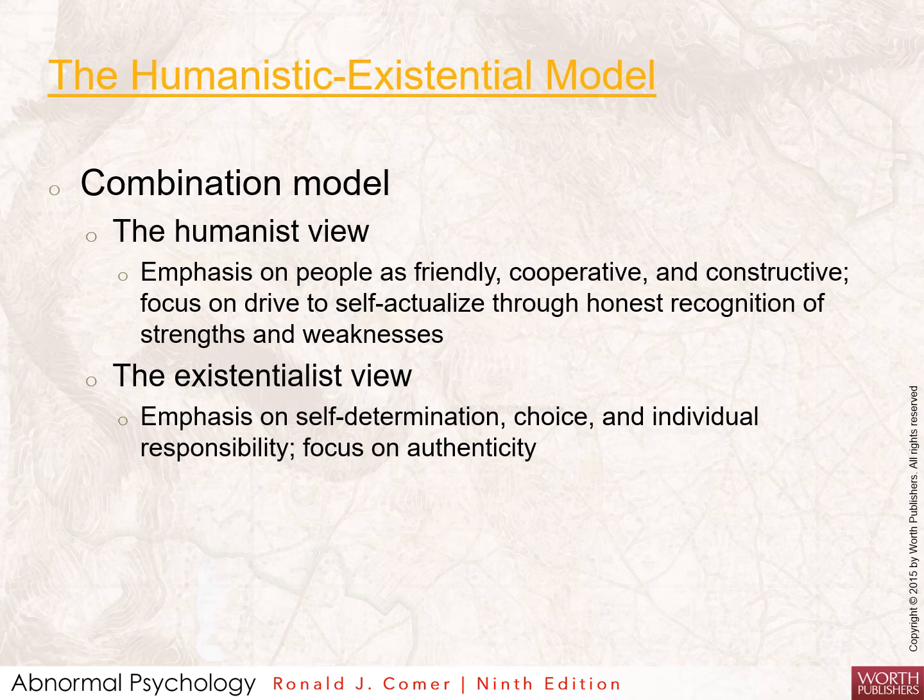Now let's move to the humanistic approach, the humanistic existential model. This is the model that was founded by Carl Rogers and Abraham Maslow. You might be familiar with Maslow's hierarchy of needs, where you have to meet your shelter needs and your food needs and your health needs before you meet, at the top, self-actualization, becoming the best you can be.